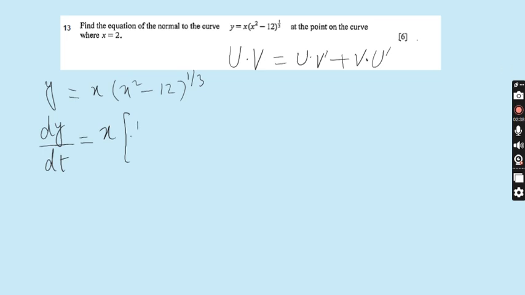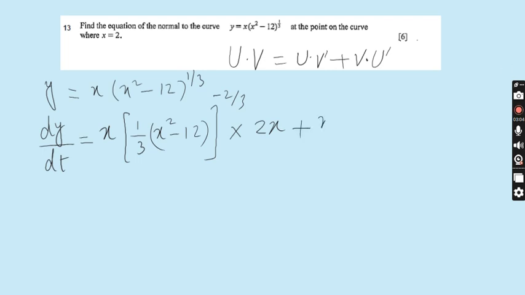So write the power first, 1 upon 3, (x squared minus 12) to the power 1 upon 3 minus 1, which is minus 2 upon 3, and multiply by the derivative of the function x squared minus 12. The derivative of x squared is 2x and of minus 12 is 0.